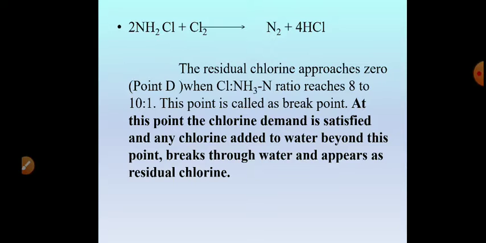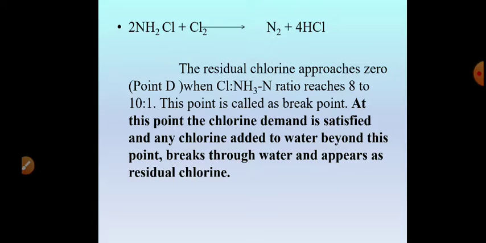Okay, the decrease continues till the residual chlorine reaches almost 0, and then there is an increase. The residual chlorine approaches almost zero, that is point D on the graph, when the ratio of chlorine to ammonia nitrogen reaches 8 to 10:1. This point is called the break point.